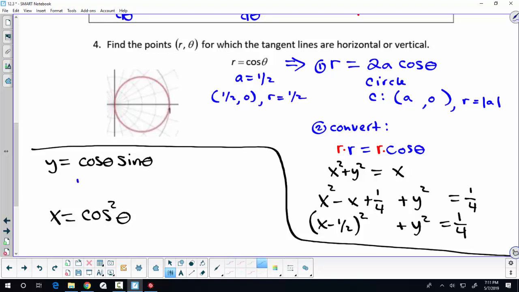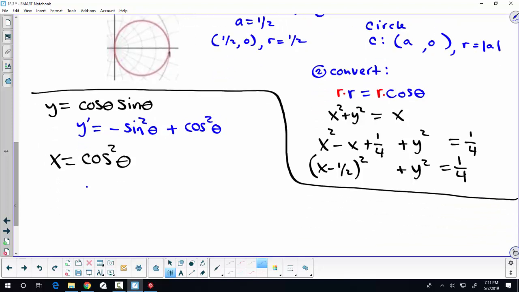Look at the derivative, y prime: product rule, and x prime: chain rule.